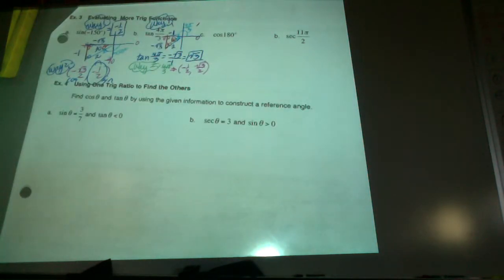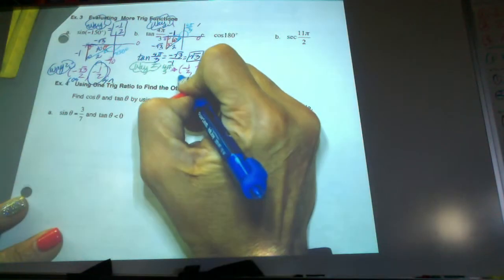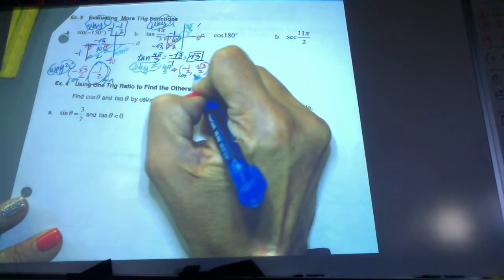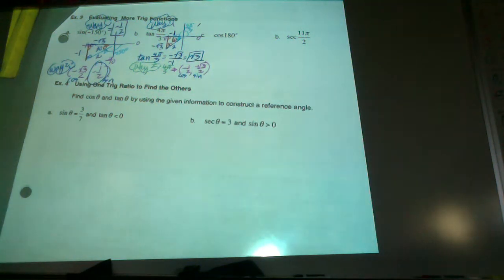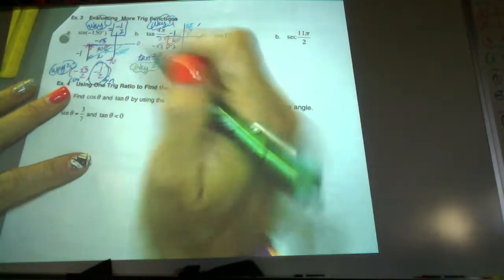Logan, a lot of you are just zoning out here today. So remember, this is my cosine and this is my sine. What did we say tangent was? What over what? Sine over cosine.